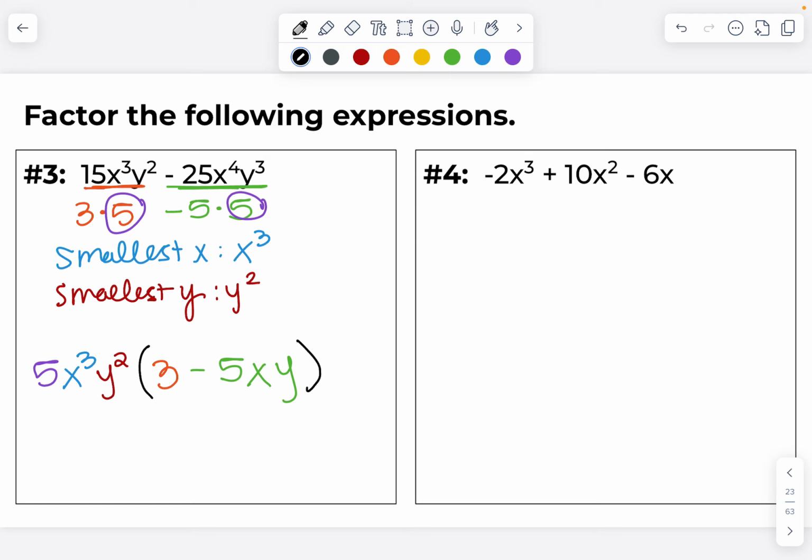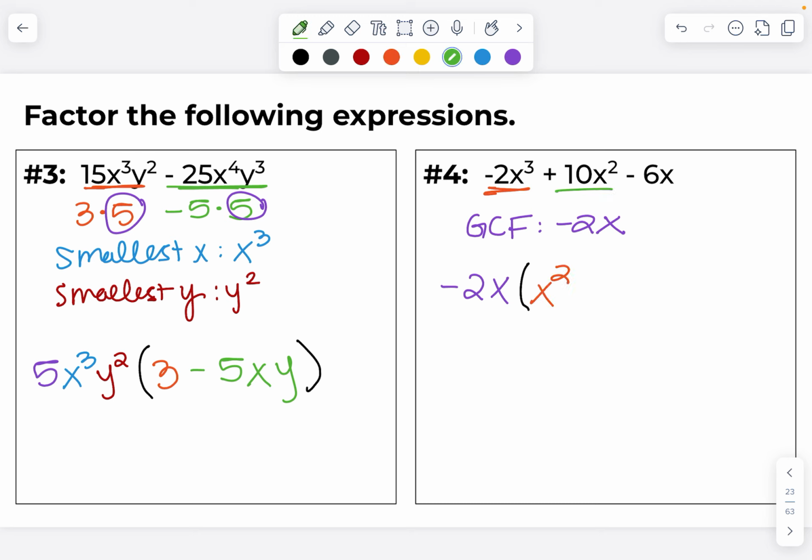So for this one, hopefully you found a GCF of negative 2x. Our smallest x was x, and if I pull out that negative 2x, what gets left behind here would be an x squared.